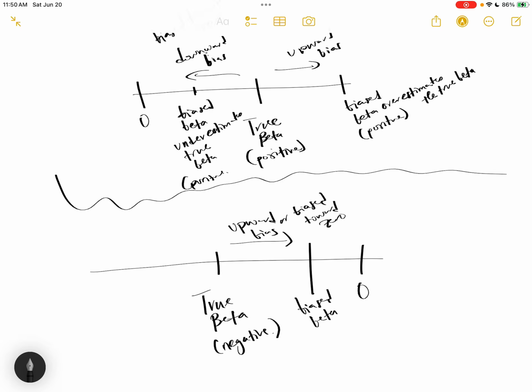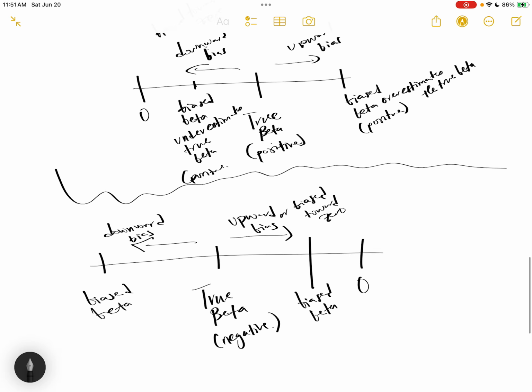Let me put a line between these two so we don't confuse them. If our biased beta was here, and it made the true beta more negative, then we say we have a downward bias. You see?